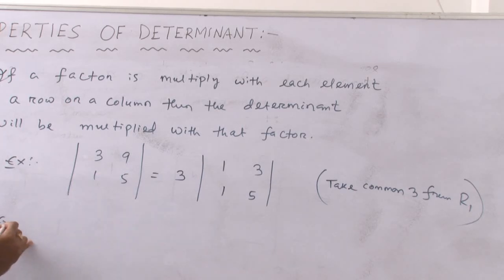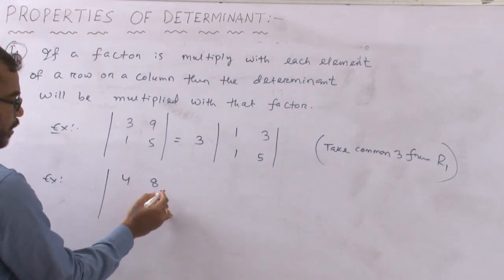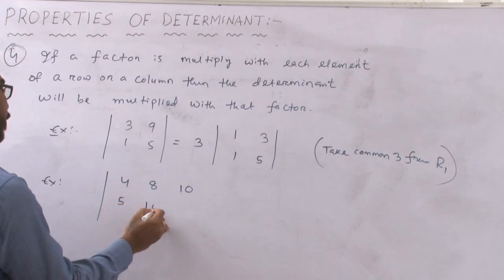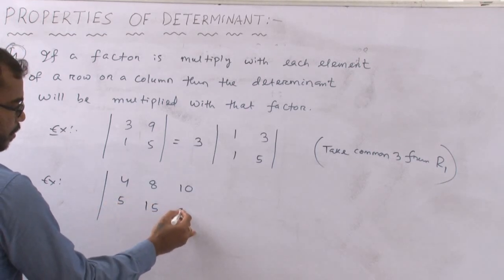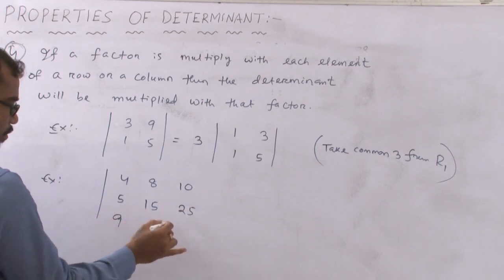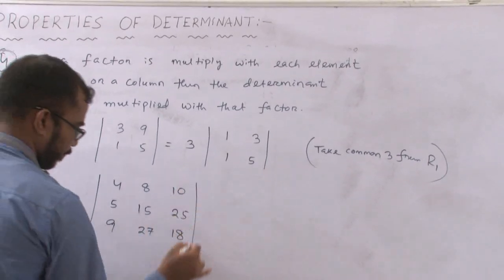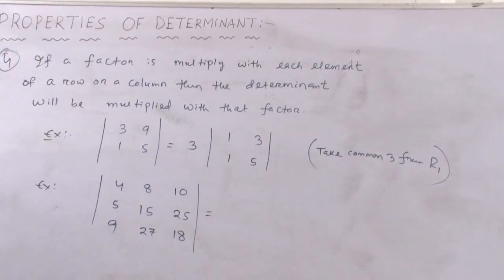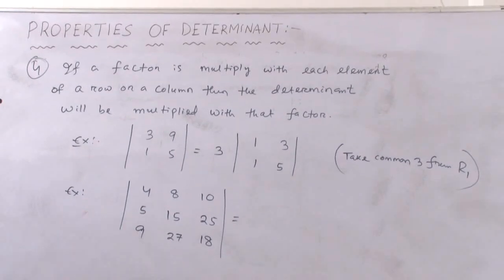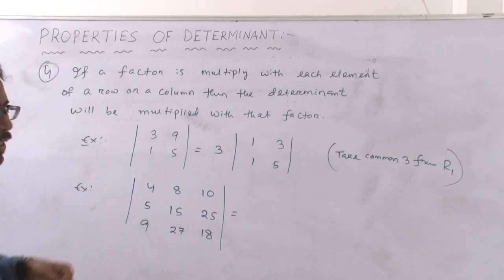Now take another example. Suppose 4, 8, 10, 5, 15, 25, 9, 27, 18. So this is a harder determinant. How do we take common from rows or columns?